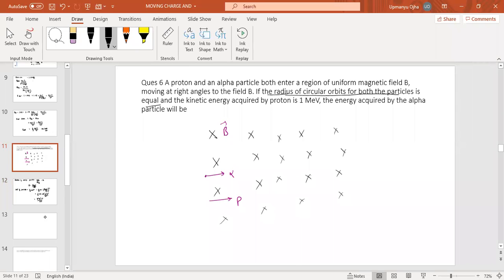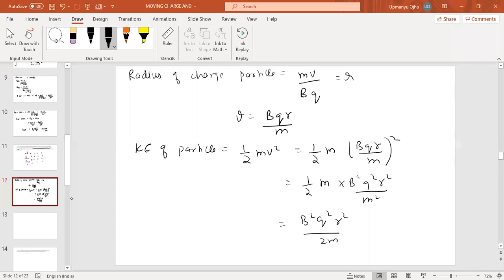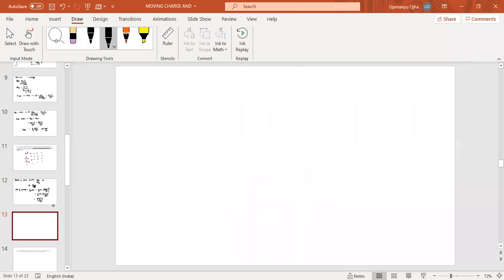And kinetic energy is given by b square q square r square by 2m. So the kinetic energy of the particle will be proportional to q square by m.